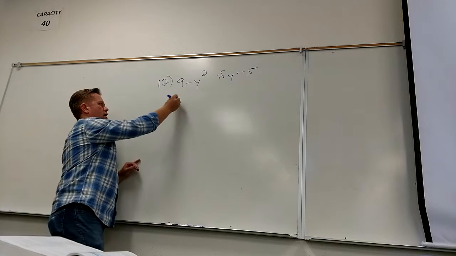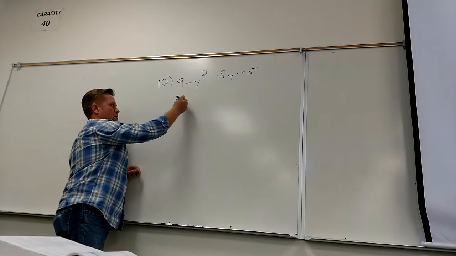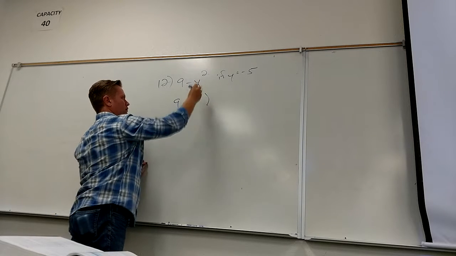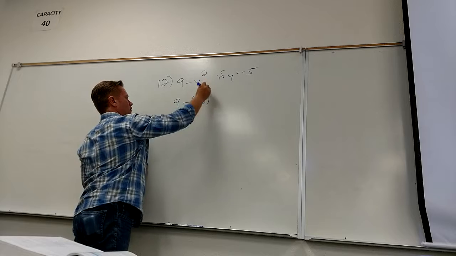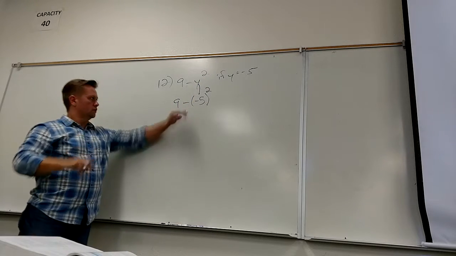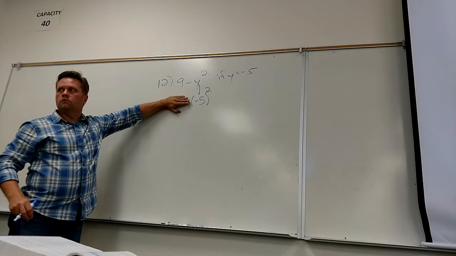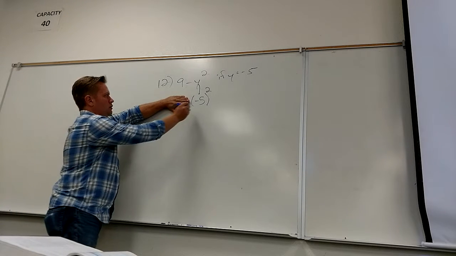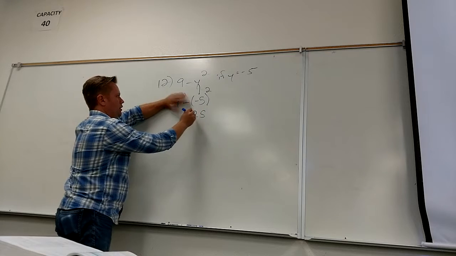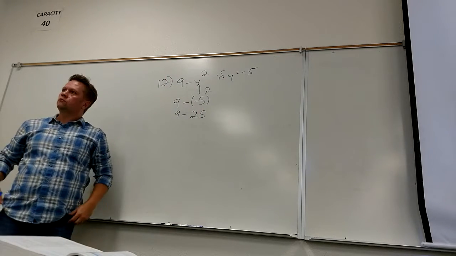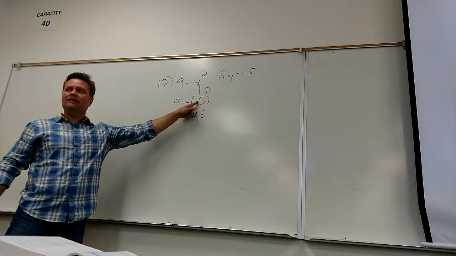I'm going to write 9 minus, and I'm going to replace y with -5, and then the square is still there. So what's -5 squared? Positive 25. So this is 25, and then there's a 9 minus. There you go. So this negative cannot cancel that negative.